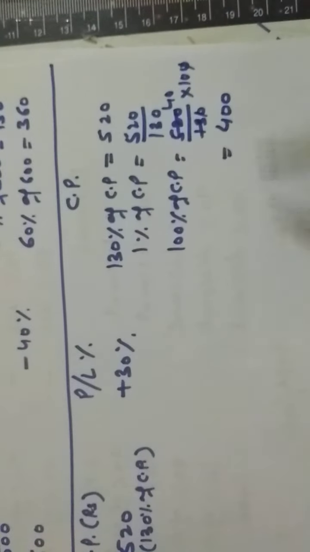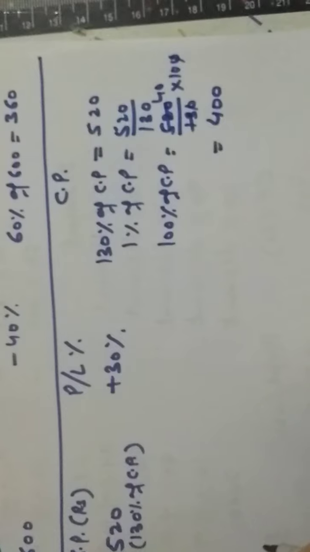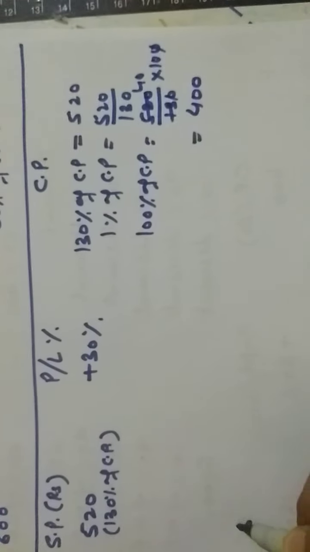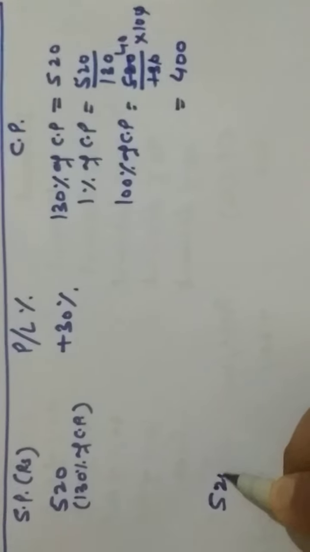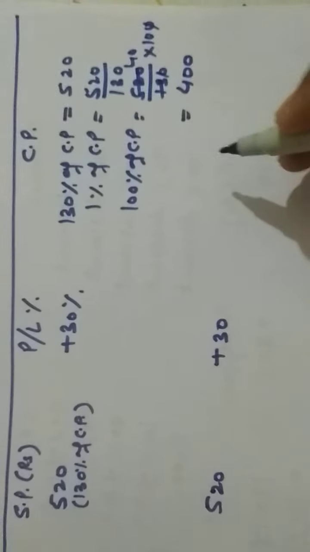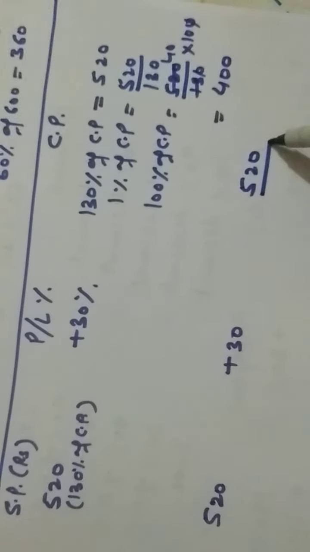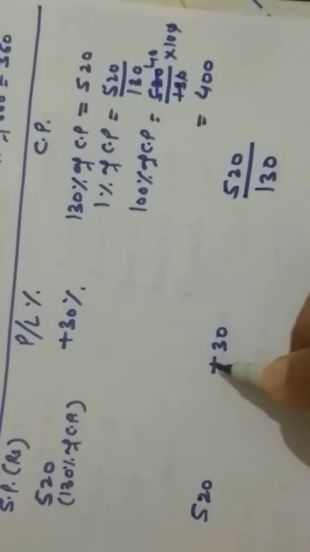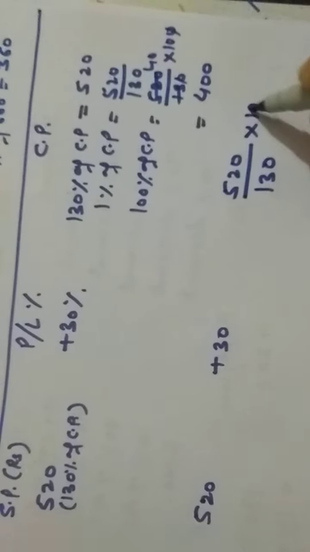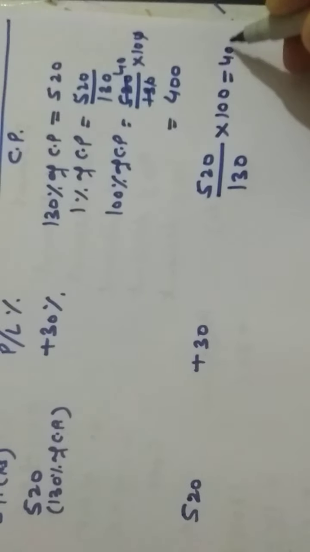So the shortcut technique to find the cost price is: the selling price is 520 rupees, profit is 30%, then cost price is 520 selling price divided by 130, that is 100 plus 30, into 100. So we get 400 rupees.